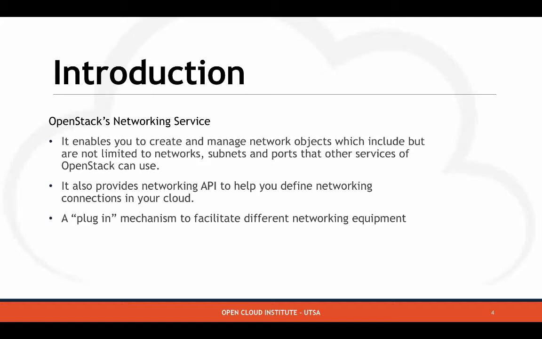It also provides a networking API to help you define networking connections in your cloud. You can configure and manage diverse networking services ranging from L3 forwarding to NAT, etc. You can also create multiple private networks and control their networking.